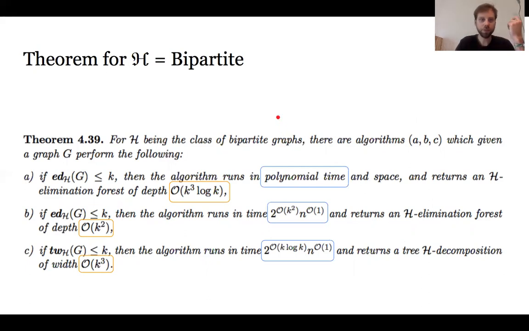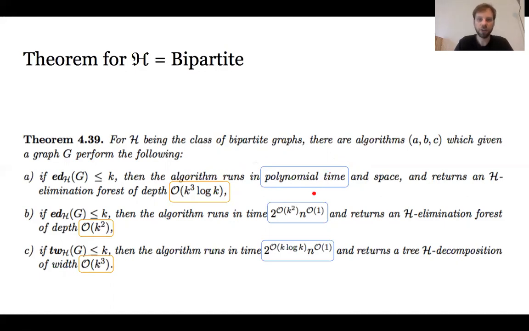So there are three algorithms, and first takes a graph of bounded H elimination distance, runs in polynomial time and space, and returns an H elimination forest of depth roughly cubic in K. It is important that the algorithm runs in polynomial space because computation with H elimination distance can lead to polynomial space algorithms, similarly as parameterization by 3-depth.